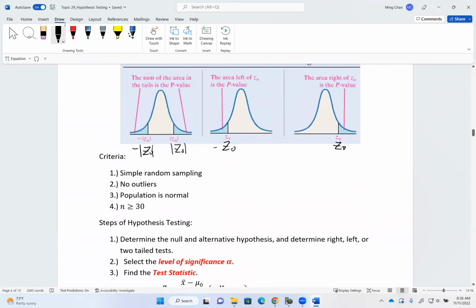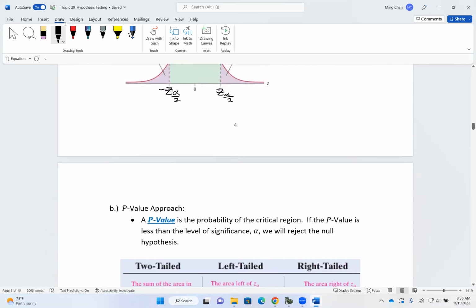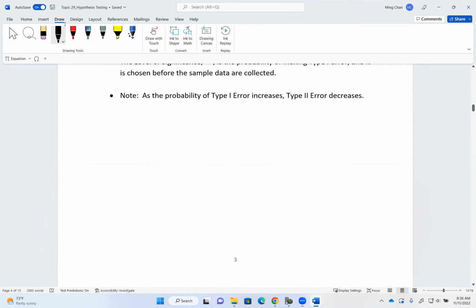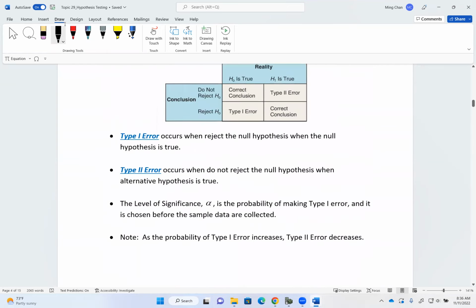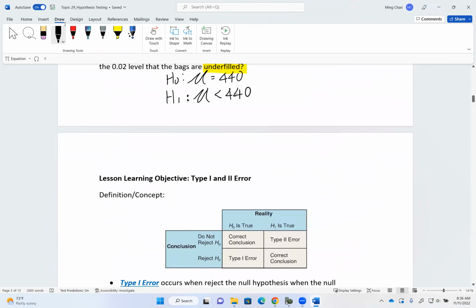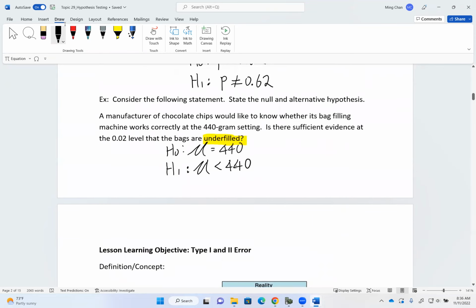By no means are we saying that what they're telling us is correct. We either find the evidence to support our claim, what we think, or we do not find enough evidence to support our claim. Therefore, that's why we say we fail to reject what they say.